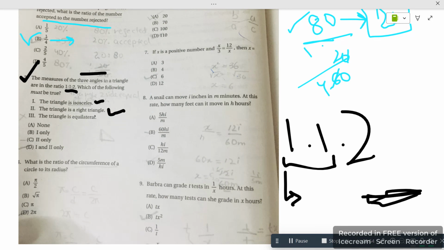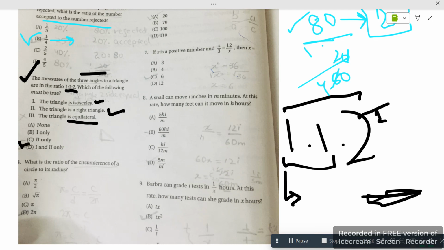But when it comes to the third, the triangle is equilateral. Even if you see the three ratios which we have been given, the two is different from these both. That means one is more in this one. It's a double of one, but here they're saying the triangle is equilateral. How could it be equilateral? This means C is not right.